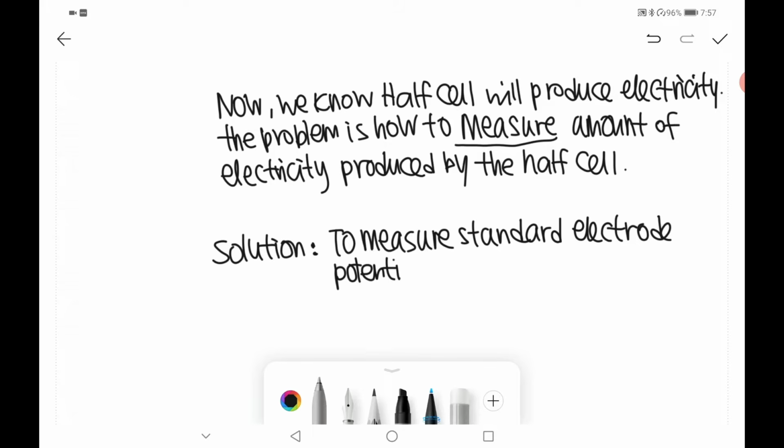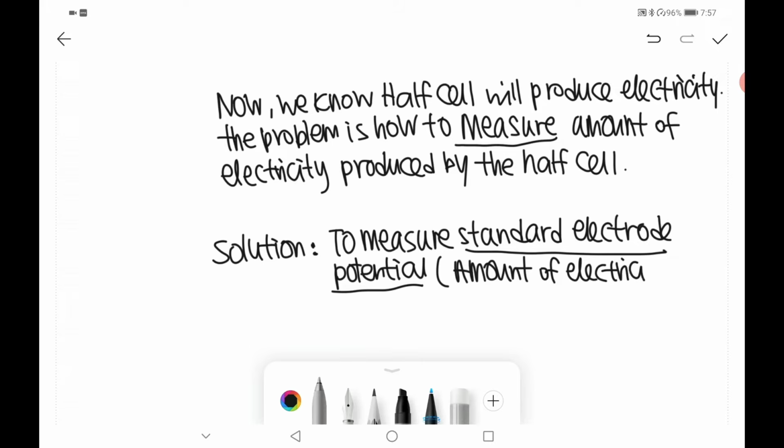The amount of electricity produced by the half cell.